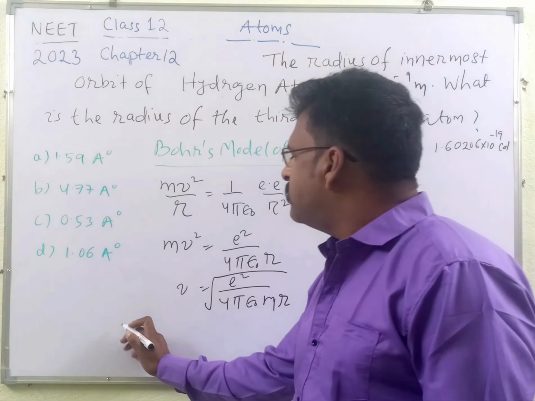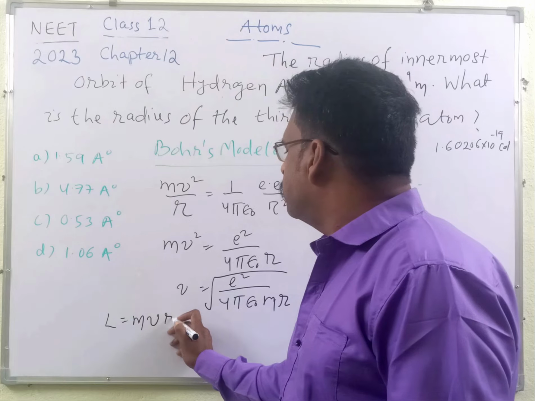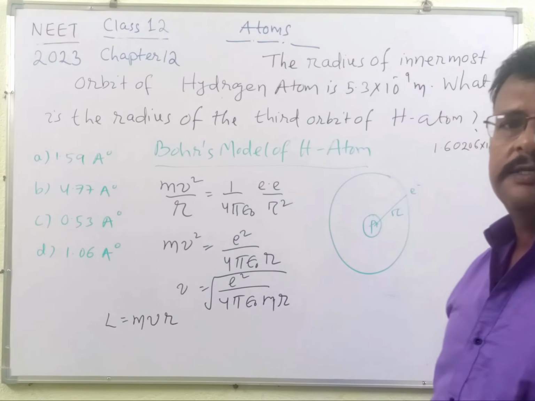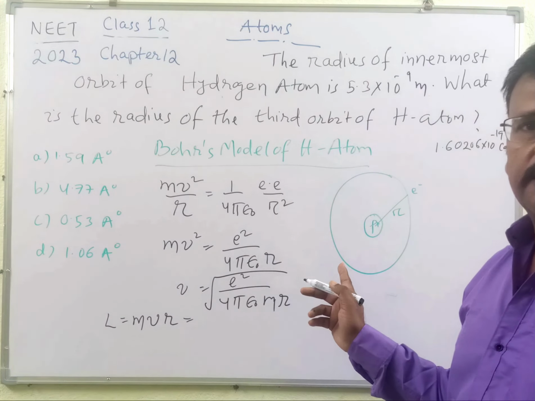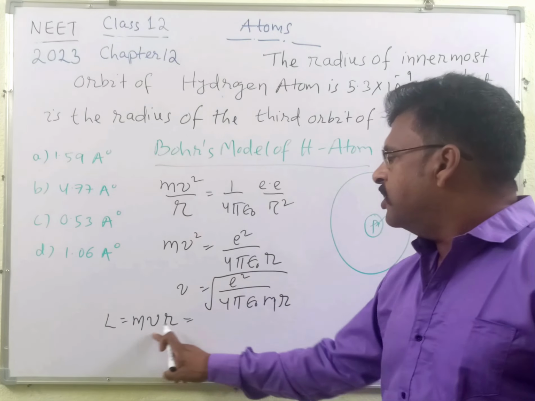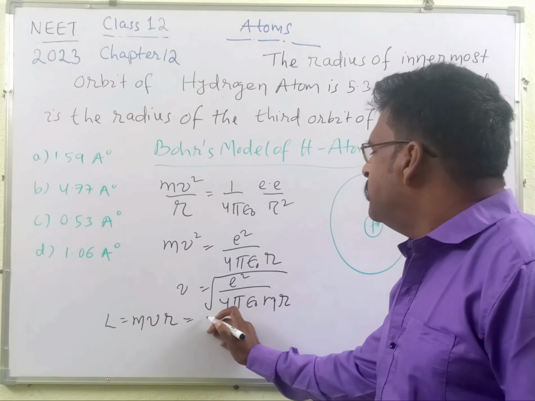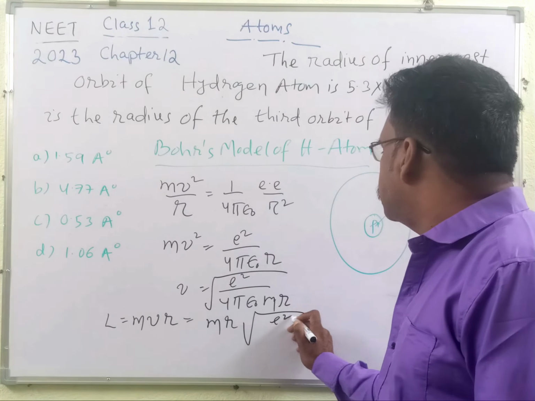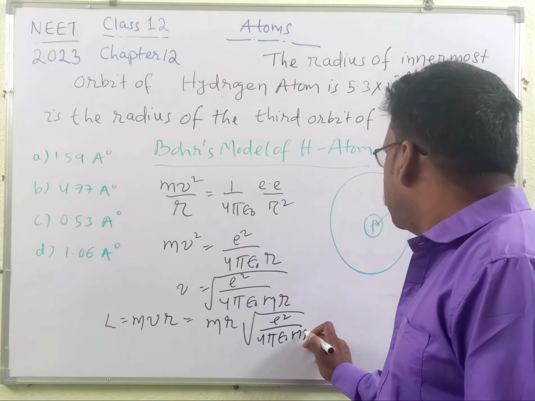Then what will be the angular momentum of the electron? We know the formula is mvr. This is the linear momentum mv, and r is the radius of the circle in which the electron is executing circular motion. So L is mvr. We multiply mr with v, and v is given above as root over e square by 4 pi epsilon 0 m r.